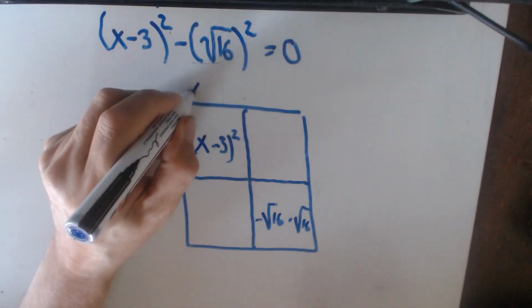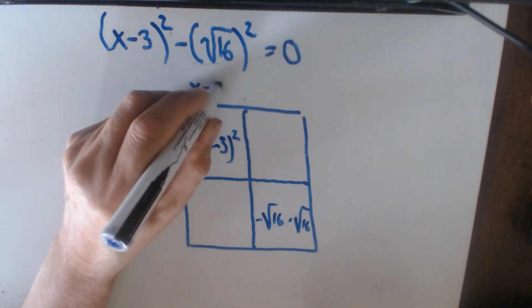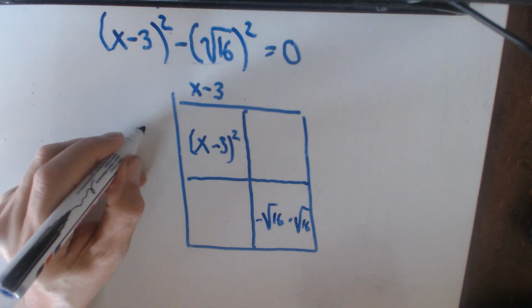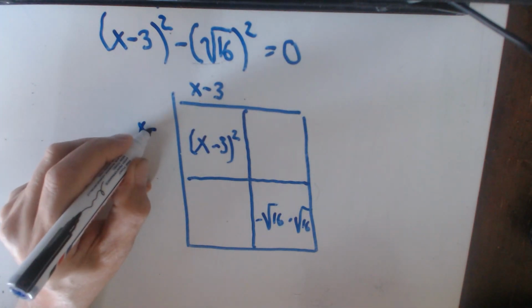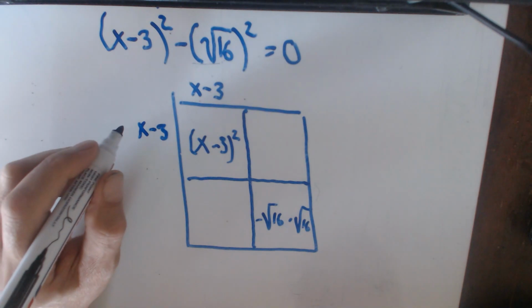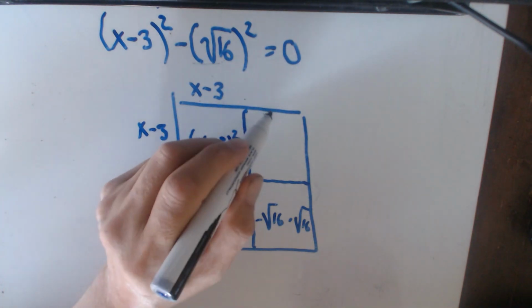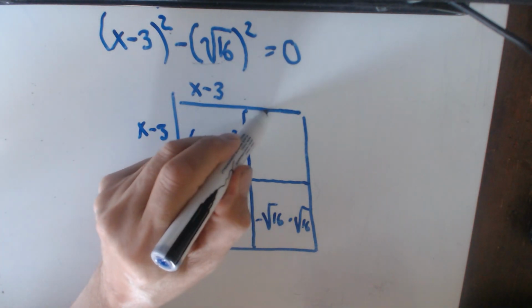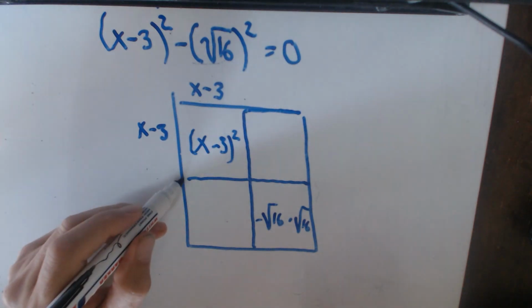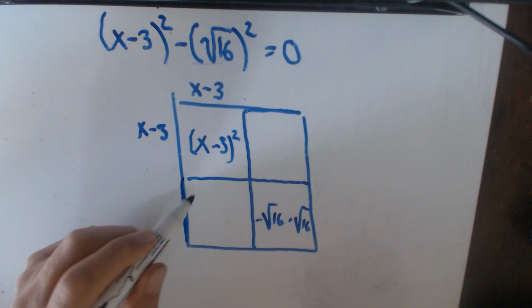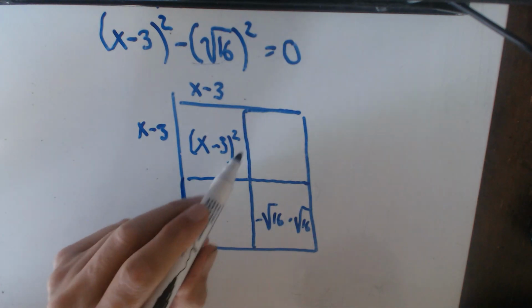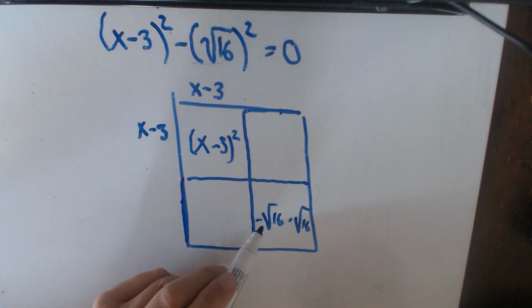This side must be equal to x minus 3, and this is x minus 3. The question is, how long is this one here? And how long is this one there? Well, the product of that side and that side is this.